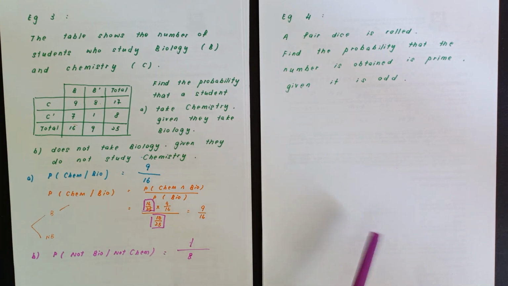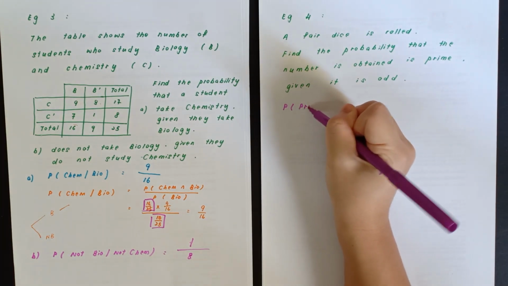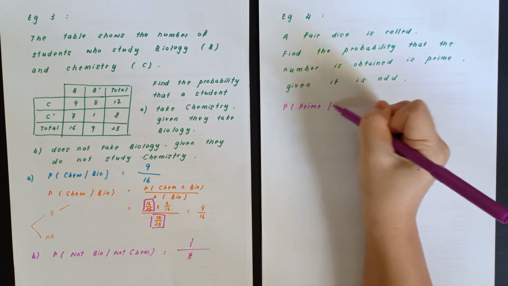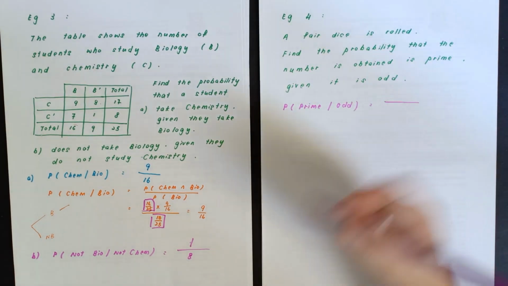Okay, I think this is the question that exists in your exercise and you got a bit confused. The probability that the number obtained is prime given it is odd. An easier way to do this is the probability of getting a prime number given it is odd. What is the total sample size now?